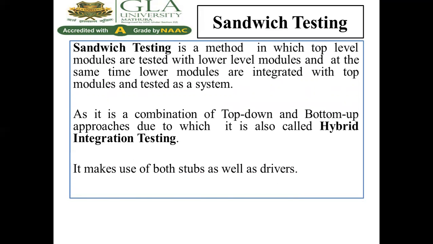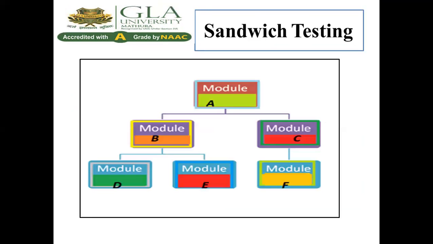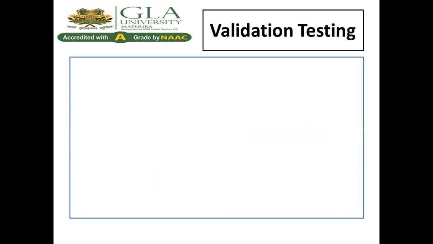It makes use of both stubs as well as drivers. So we must know what a stub is and what a driver is. The module which is under test is known as a stub, and the module which is to be tested is known as a driver. So this is all about the different types or methods of integration testing. This is the diagram of sandwich testing. We are using both approaches, from top to down and bottom to top.